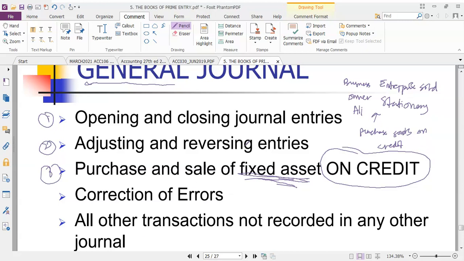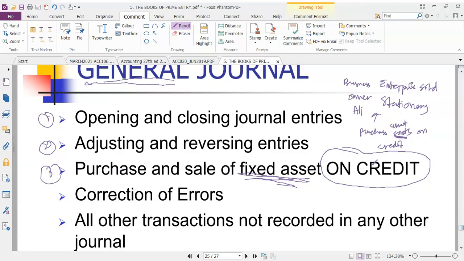Okay, that is correct. The answer is purchase journal because Ali purchased goods. Remember this: purchase goods on credit. But if the transaction is about purchasing an asset, then we put it in the general journal. For example, Ali purchases pictures and fittings.